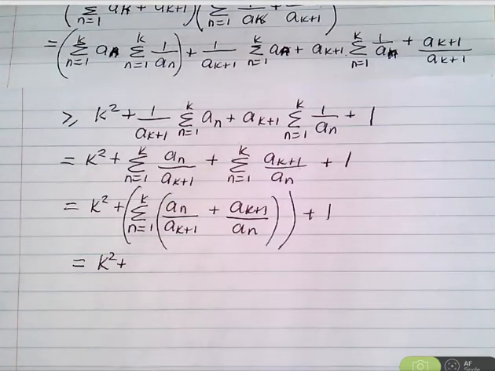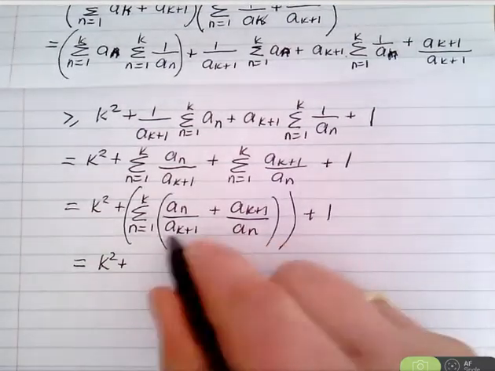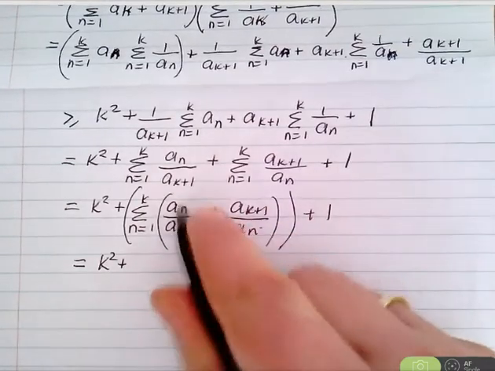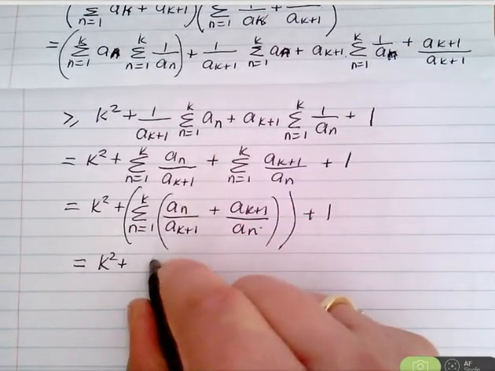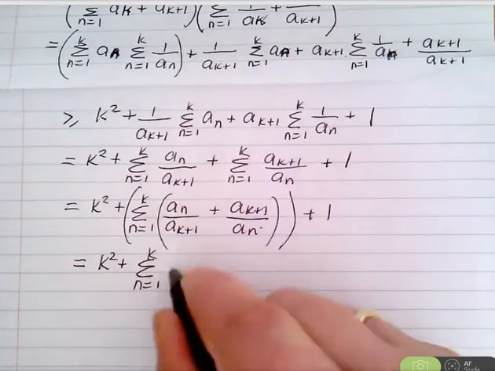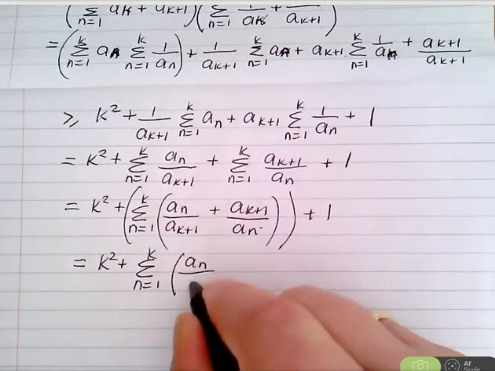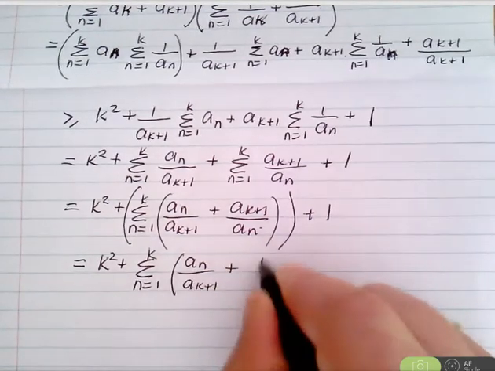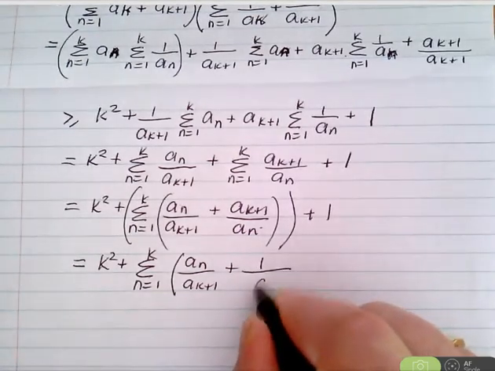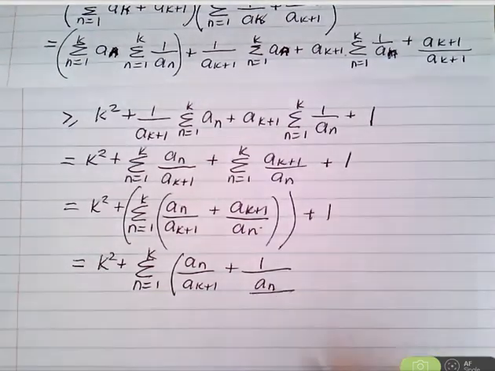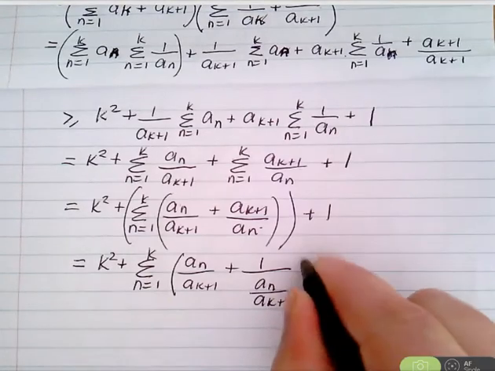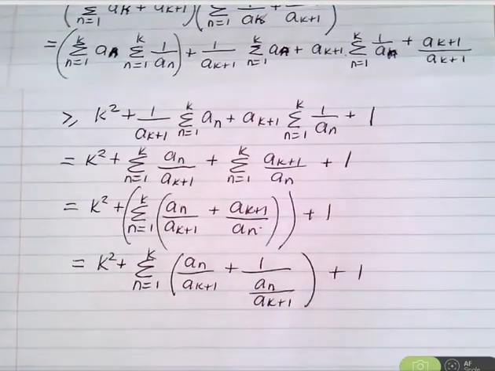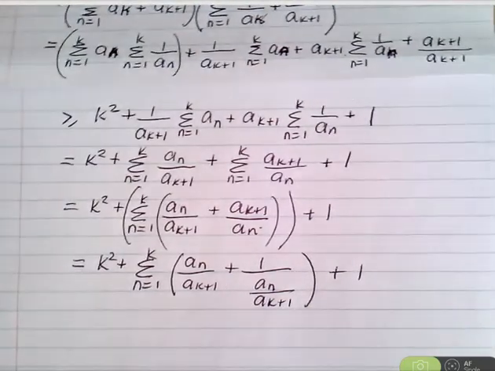Now notice that this is just the reciprocal of that, so it's the sum from n is 1 to k of a sub n over a sub k plus 1, plus a sub k plus 1 over a sub n, plus 1. Now let's go back to part 1.